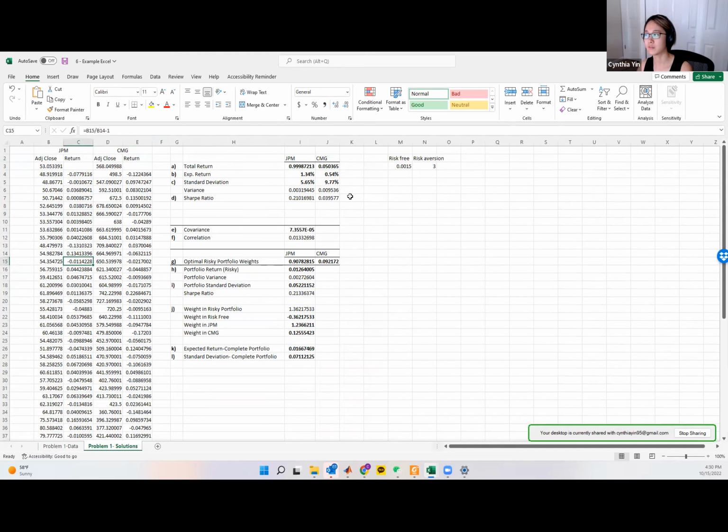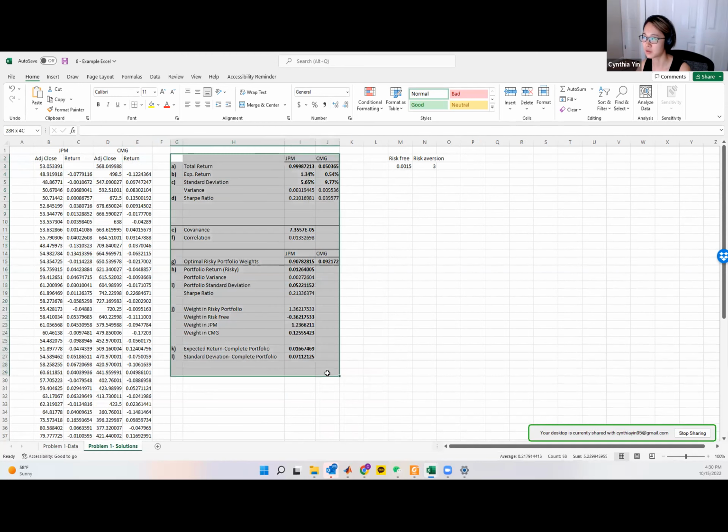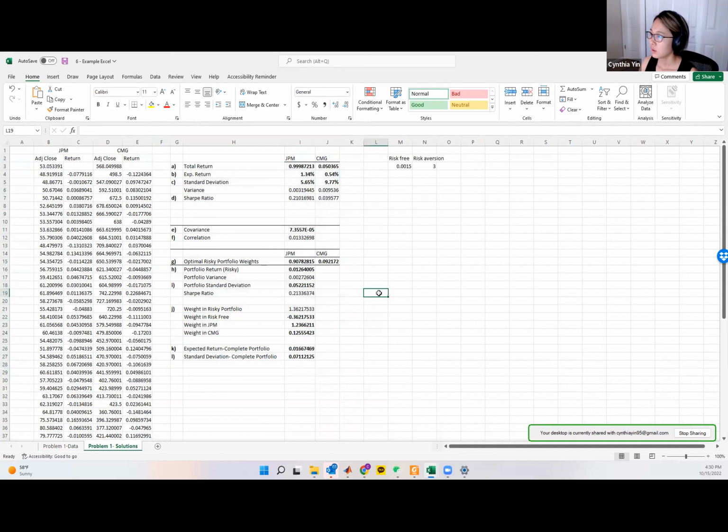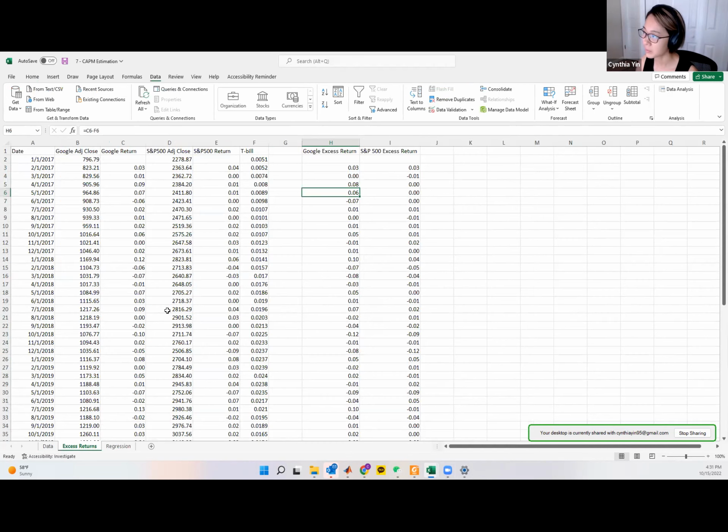And after you get the return, everything becomes very simple. You just plug in the numbers here. Okay. Now let's go to chapter 7, CAPM estimation. Although we covered the slides of chapter 7 at the beginning, I didn't continue directly using the chapter 7 CAPM Excel example, because I want to let you know how to calculate the return.